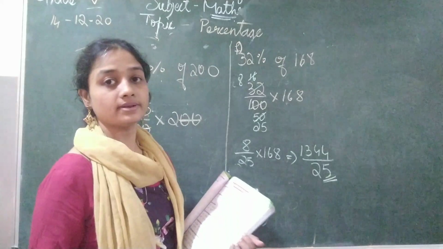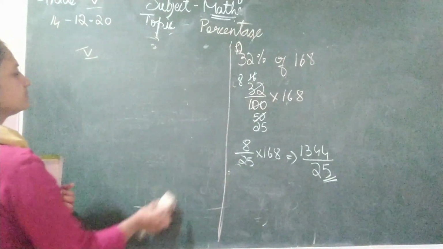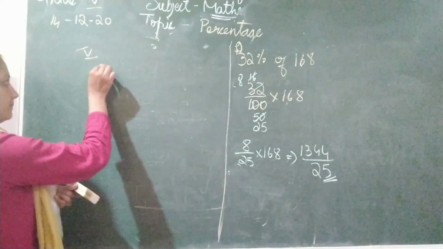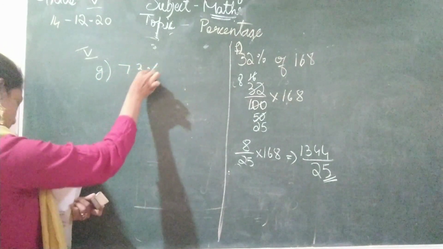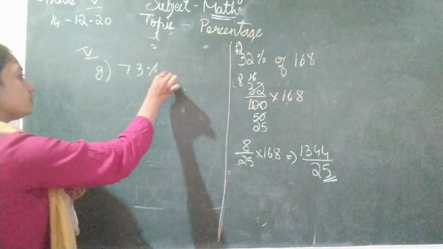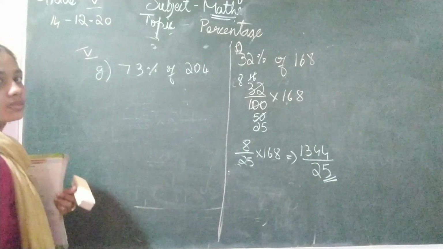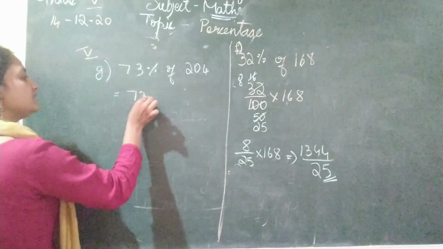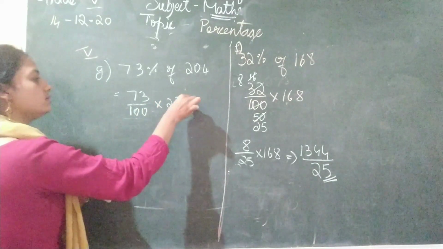73% of 204. So I am taking the G sum. 73% of 204. 73 divided by 100 into 204.